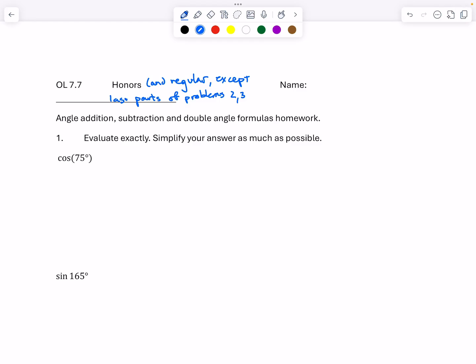Okay, we've done a bunch of these already, so I'm just going to do the front sides fast. Remember, cosine does cosine, cosine, and opposite pluses and minuses.